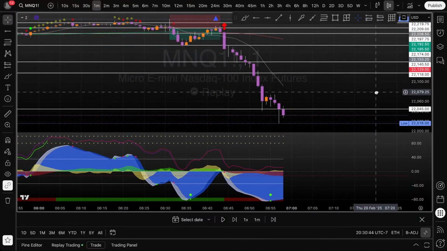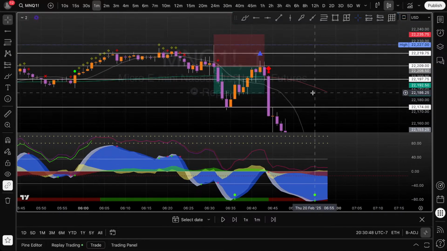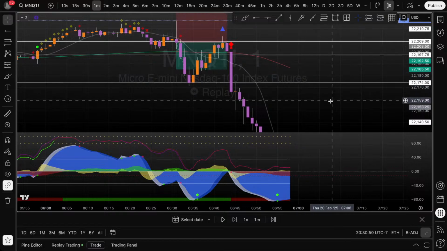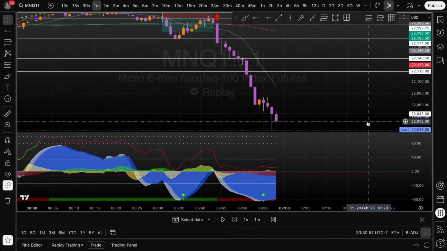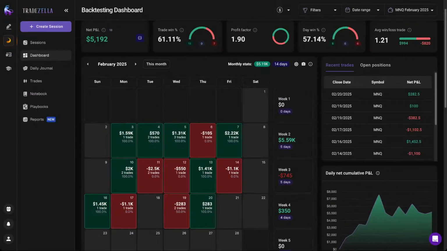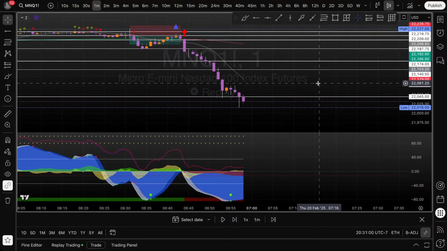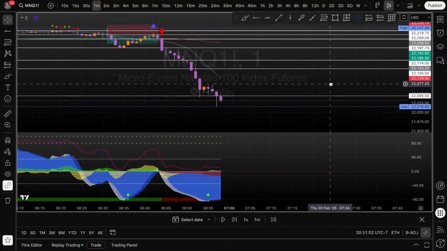Look at that. Oh my dear. That's insane. That would have been the best trade of the entire backtesting series so far. So I don't even want to look at it anymore.